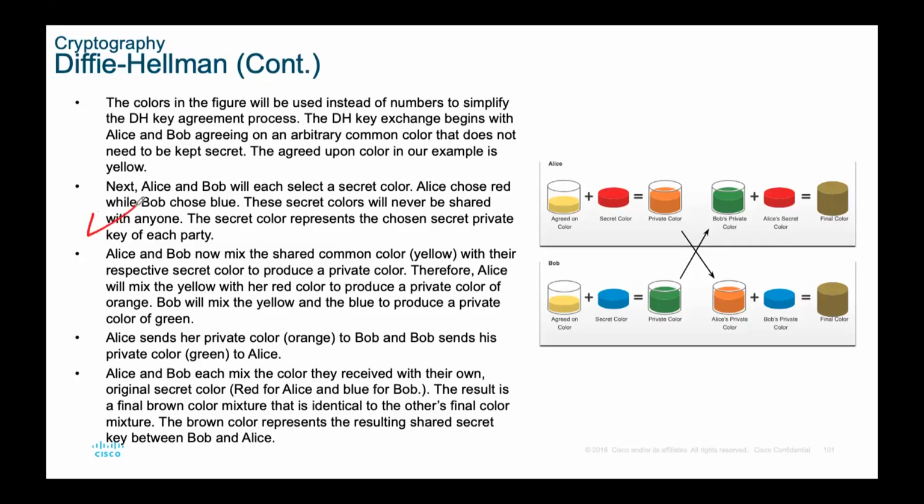Alice and Bob mix the shared common color, yellow, with their respective secret colors to produce a private color. Alice will mix the yellow with her red to produce a private color of orange. Bob will mix the yellow and the blue to produce a private color of green.